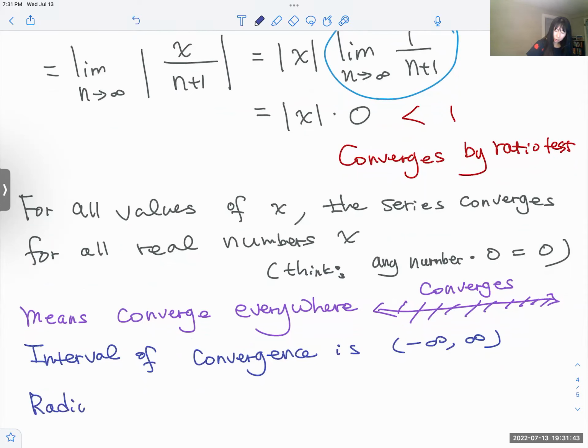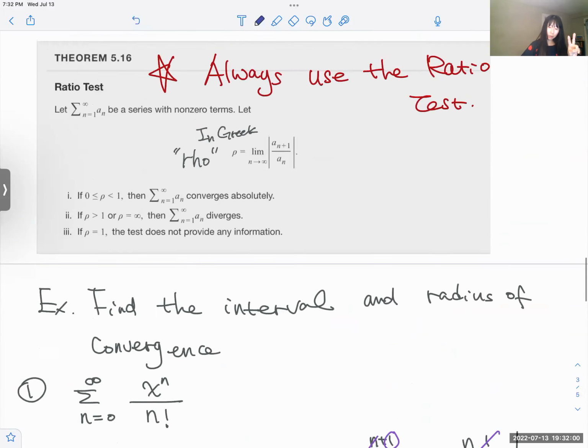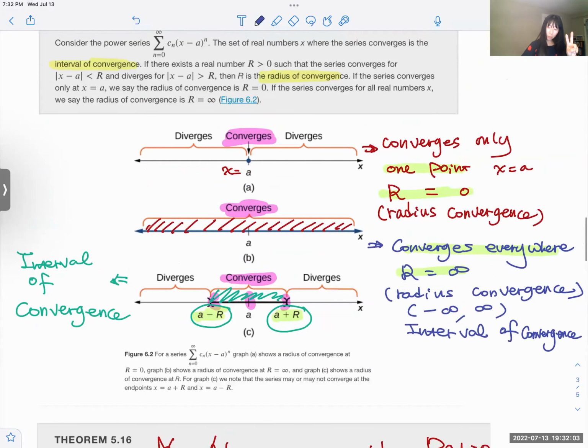So we make R equal to infinity. All right, so this is case number 2. This one converges everywhere. The radius of convergence is R equal to infinity, and the interval of convergence is negative infinity to positive infinity. Make sense?